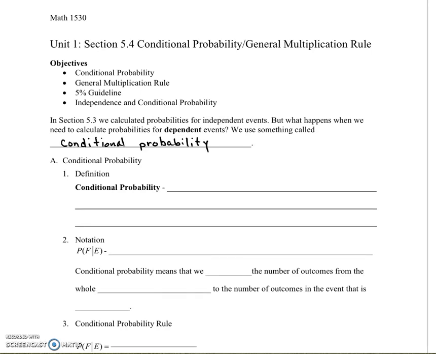Conditional probability is the probability that event F occurs when we know that event E has already occurred.